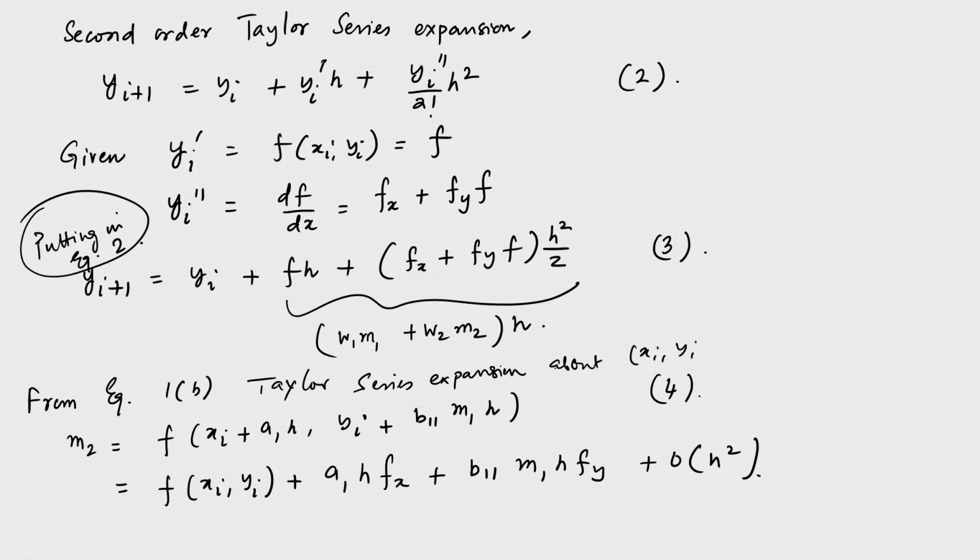About x I, y I. Okay. So, that is your M2, and if you substitute that, let us write this as equation 4, because that was already written there.